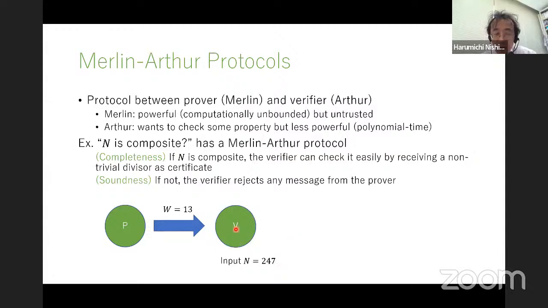It is easily checked that it's not composite, so the verifier always rejects. This is the NP-like protocol we call the Merlin-Arthur protocol.